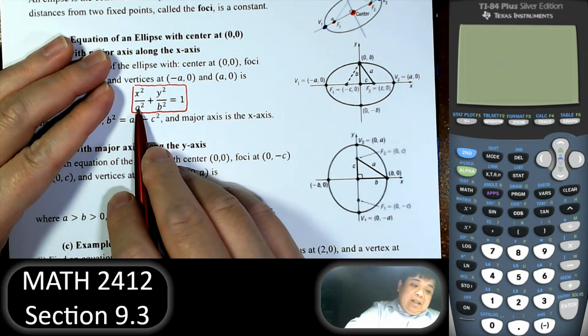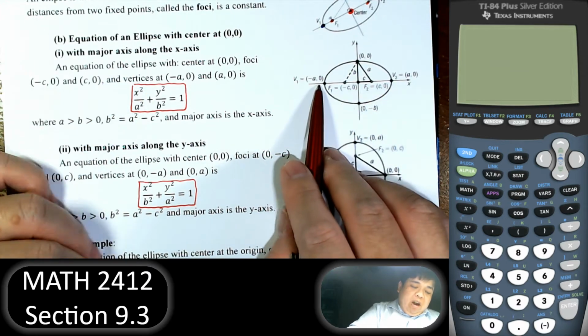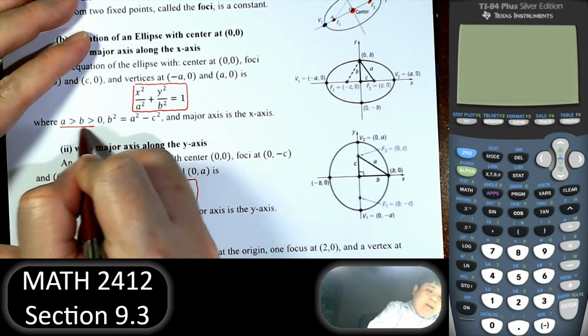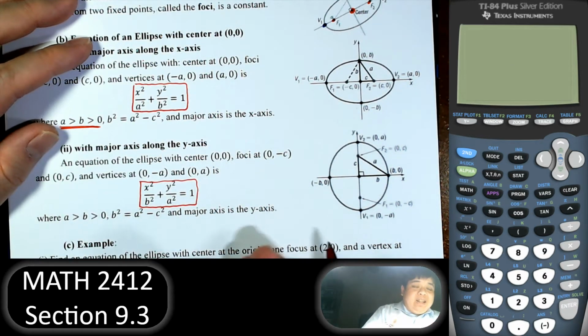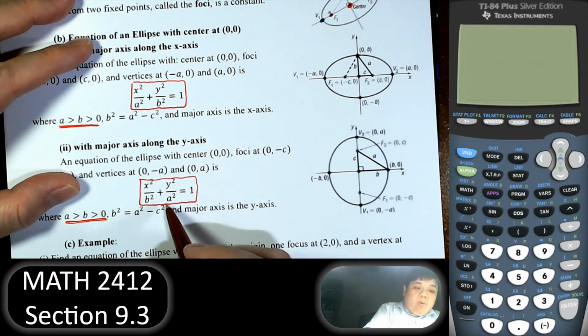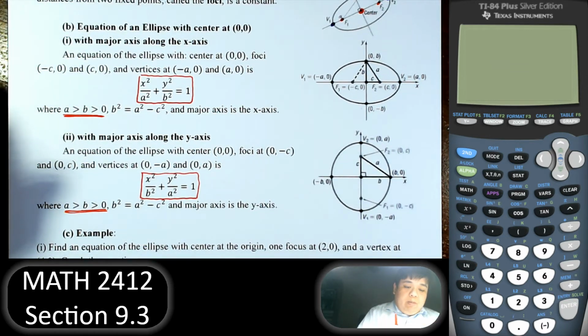We have a under the x, so we go a up, a down, and b to the left, b to the right. Out of all of these, a is going to be the biggest one, so a is bigger than b and a is bigger than c. Whichever bigger number is under x or y gives us the horizontal or vertical ellipse.